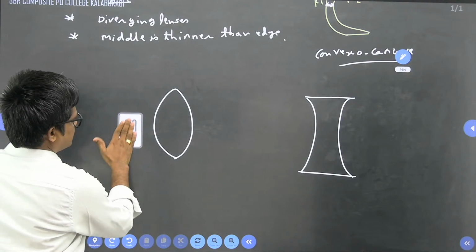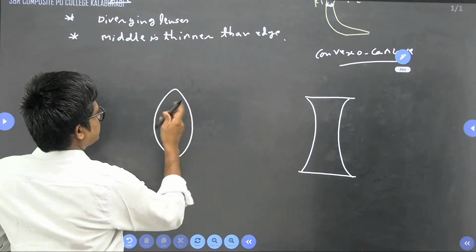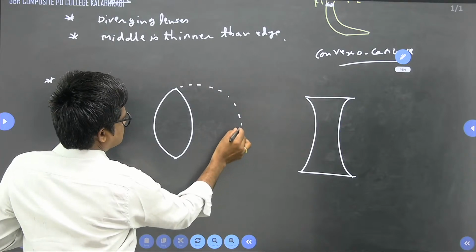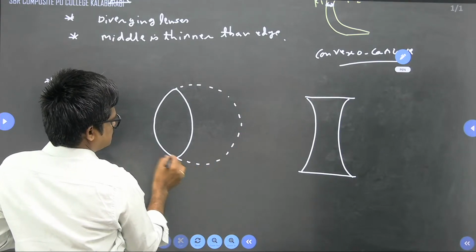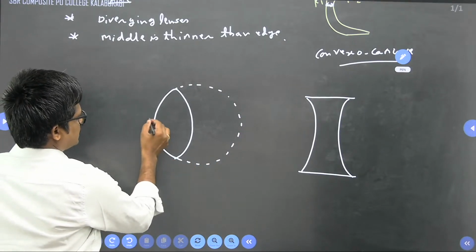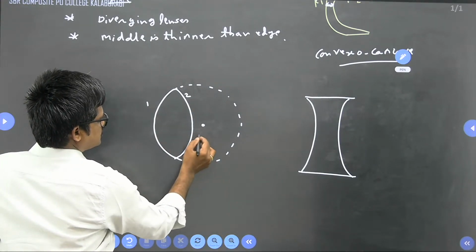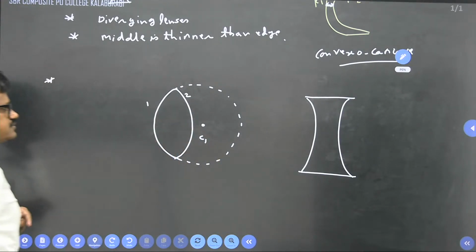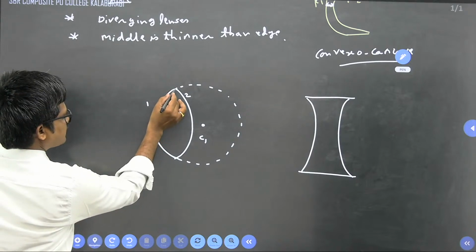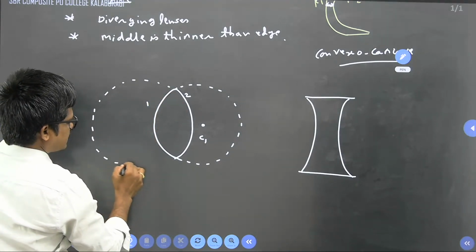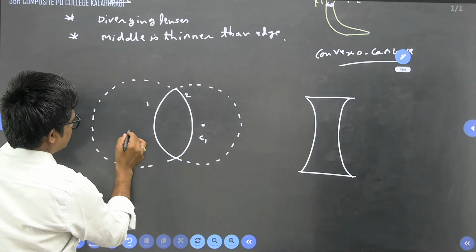The radius of curvature of the first surface is R1. This is a part of this circle. Its center for the first surface is C1, and in the same way, the second surface center is somewhere here.